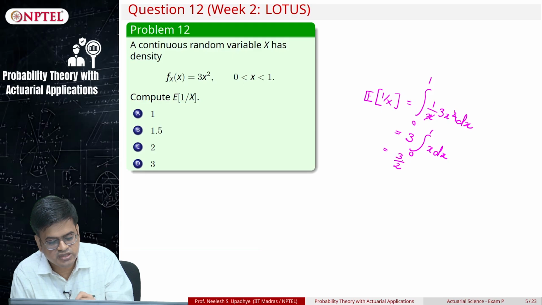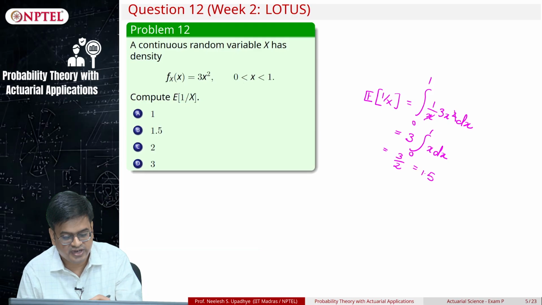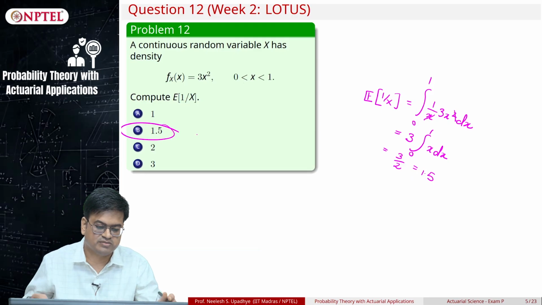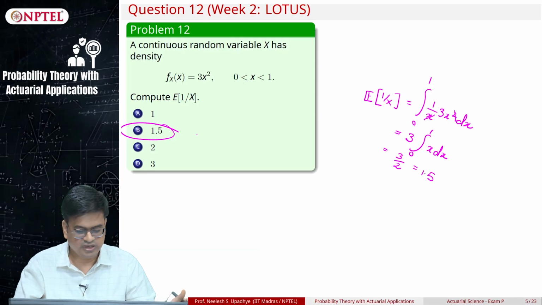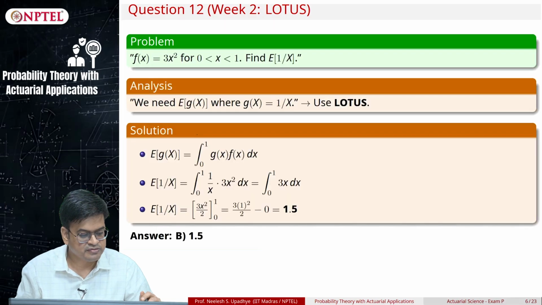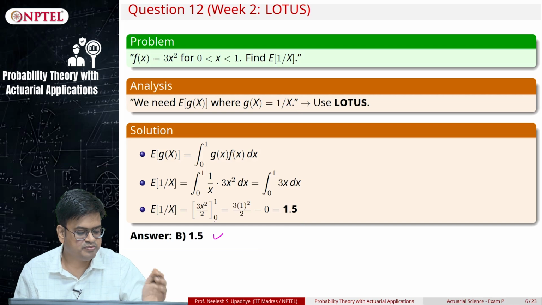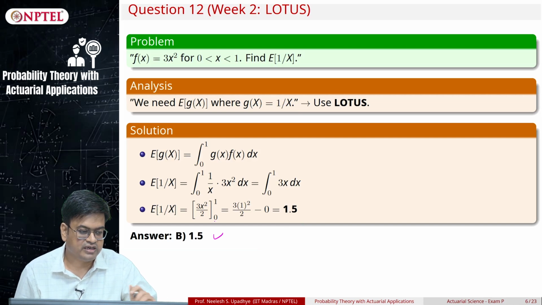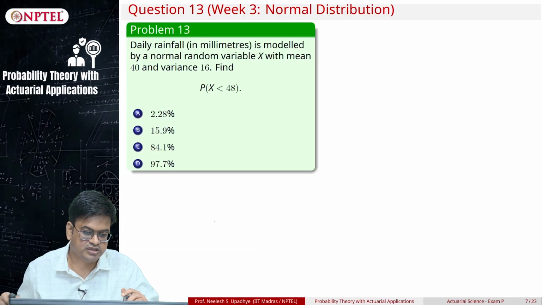So the answer will be 3 by 2, which is 1.5. This is going to be my answer. We have solved this problem very quickly, very easily. We have to use LOTUS and get the answer. Answer is B.